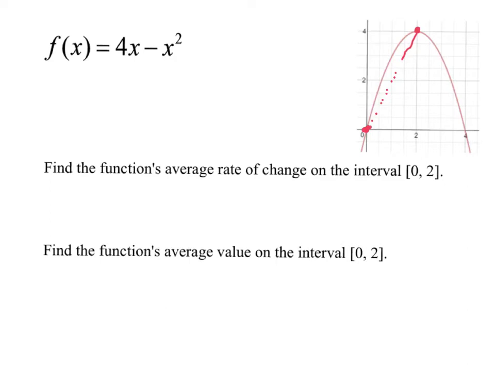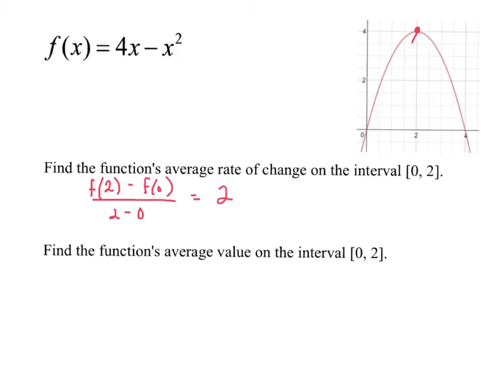The equation is f of 2 minus f of 0 over 2 minus 0. Change in y over change in x. Well, of course, f of 2 minus f of 0 is 4. So 4 divided by 2. The average rate of change is 2. That's average rate of change.